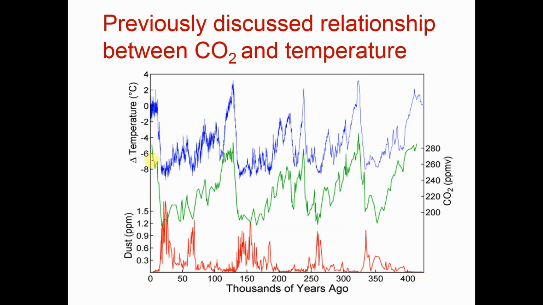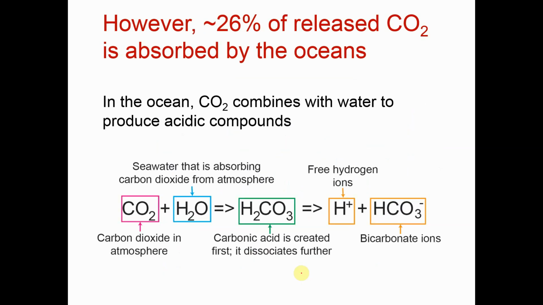And the green is CO2 in the atmosphere. And you can see this has been changing about the same rate as temperature has. In fact, it's not about the same rate, it's almost exactly the same rate. The lines line up really, really closely, the peaks and troughs. Okay? We also on this one have dust, but we're not really going to talk about that.